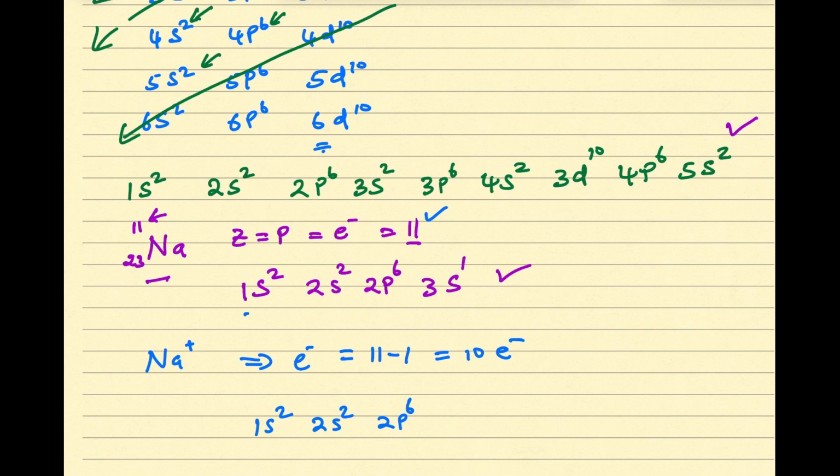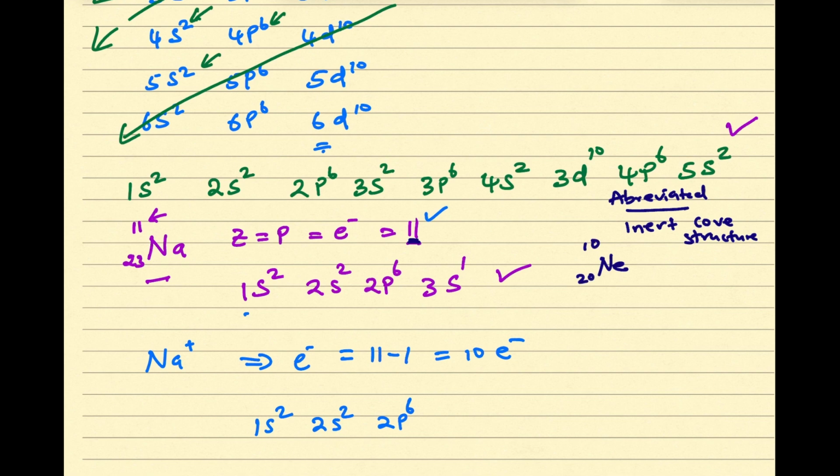Now there is another method for writing electronic configuration, and that's an abbreviated method, where we use what we call inert gas core structure. So you have the core structure, and if you look at sodium with 11 electrons and you look at the periodic table, you'll see that just before sodium you have neon, which has an atomic number of 10 and a mass of 20.